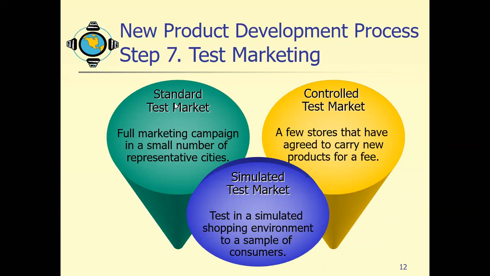In the standard test market, we do a full marketing campaign in a small number of representative cities. Like if you want to launch this product in Bangladesh, you can choose first Chittagong and Dhaka and then Sylhet and Borishal, maybe 4 cities, or you can choose 2 cities, Dhaka and Chittagong.